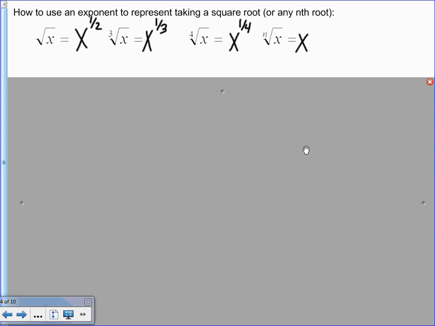1/n, right? It needs to be a fraction, and the root should be in the denominator, so we're going to write that down. The root, or you might call it the index from the last slide, is always in the denominator.